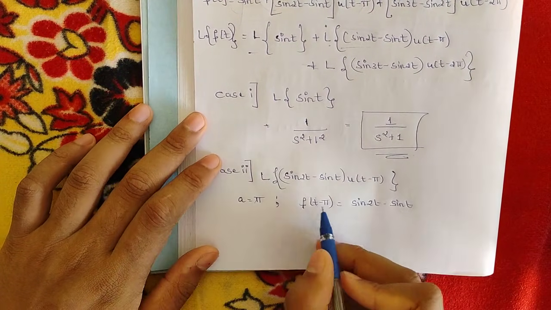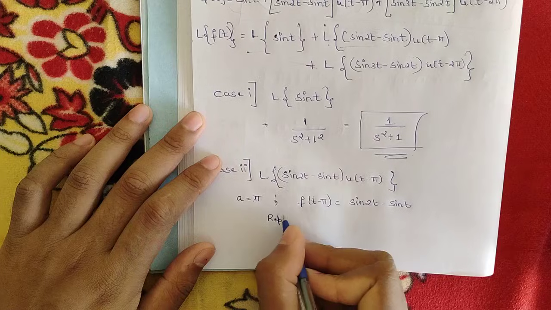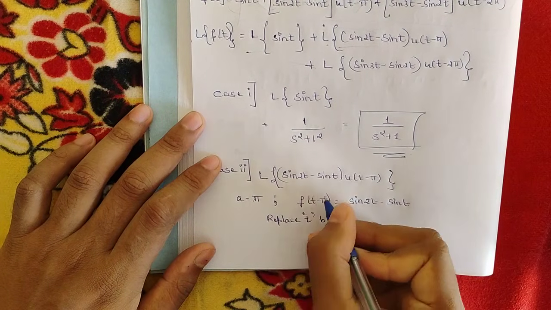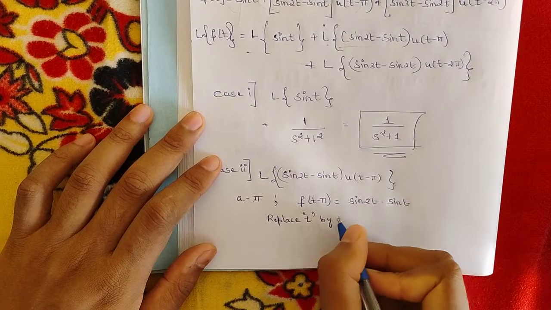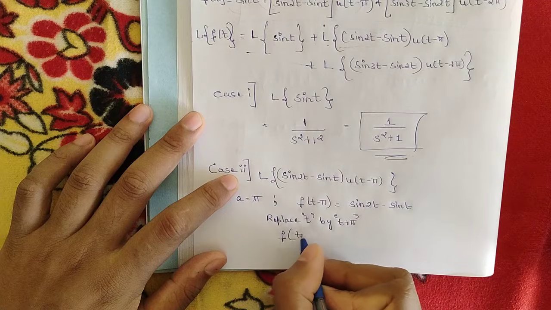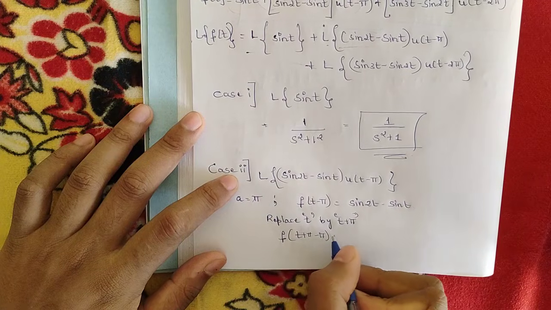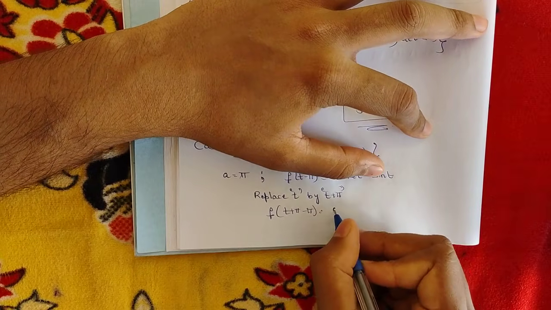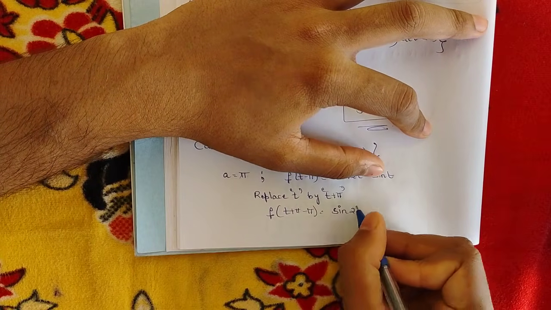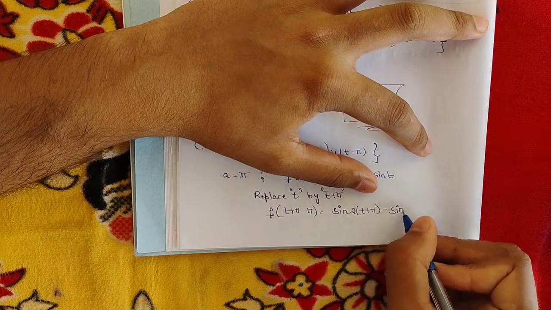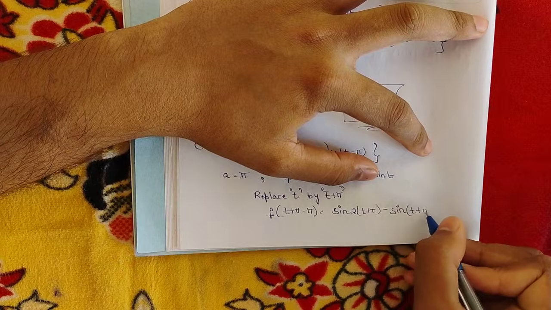So in order to get the value of f of t, replace t by, in order to cancel this minus pi, you should be introducing plus pi, so t plus pi. Okay, so f of t plus pi minus pi is equal to sin of 2t plus pi minus sin of t plus pi.